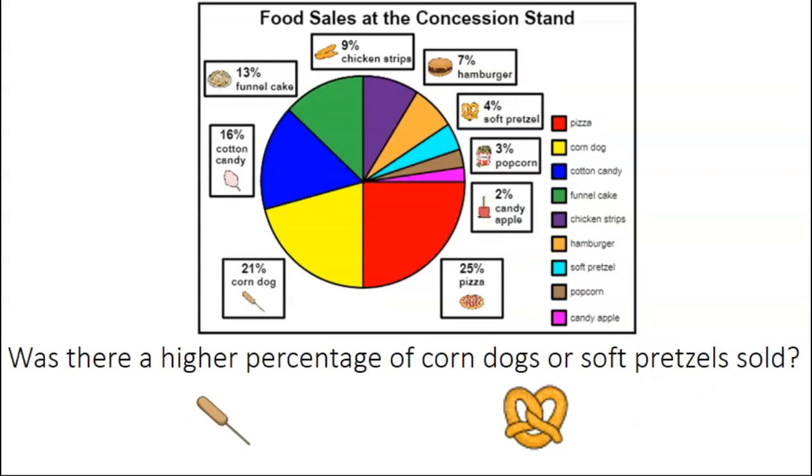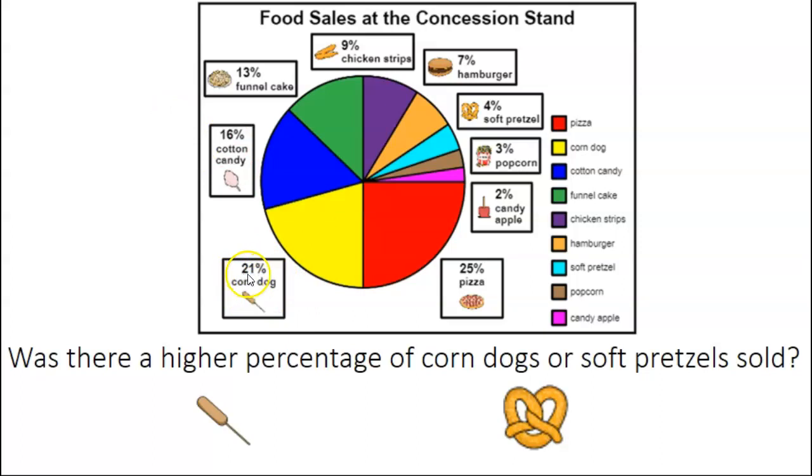Okay, our next question. Was there a higher percentage of corn dogs or soft pretzels sold? See if you can find corn dogs and touch it. And see if you can find soft pretzels. So here's corn dogs.